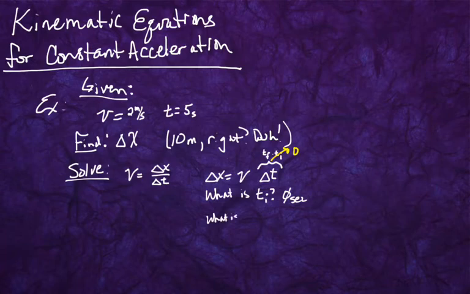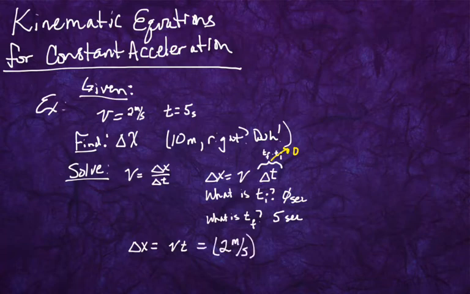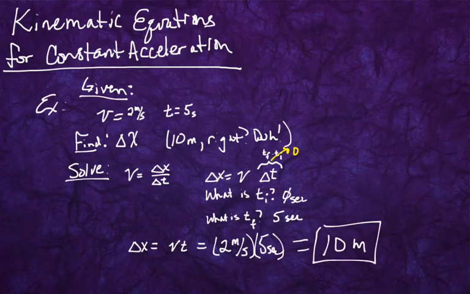And what is our t final? Well, if our total time was 5 seconds and we're subtracting 0 seconds from it, then our final time is also going to be 5 seconds. So delta x equals velocity times time, 2 meters per second times 5 seconds equals 10 meters.